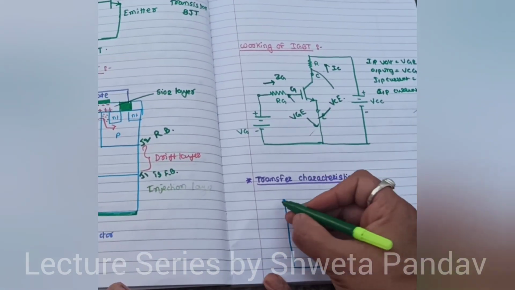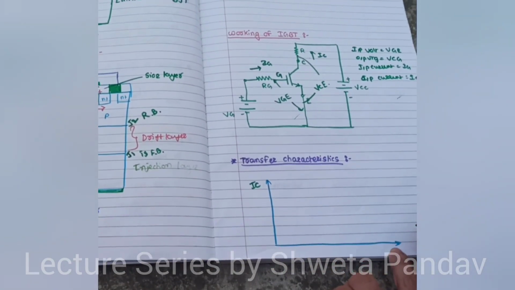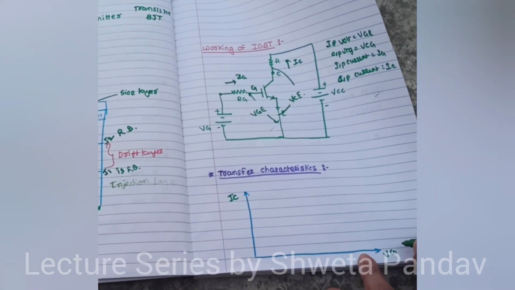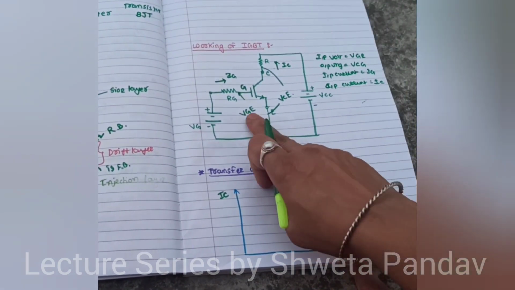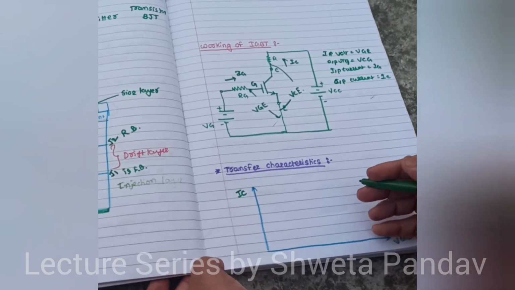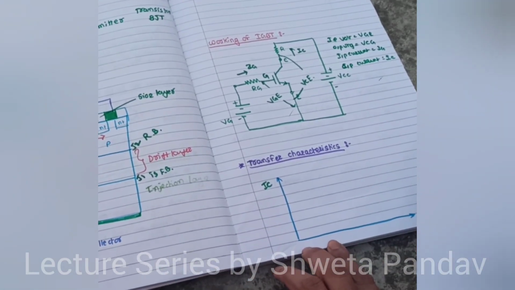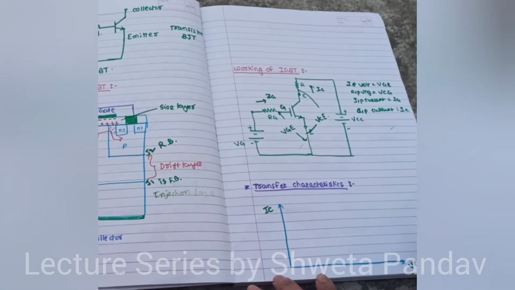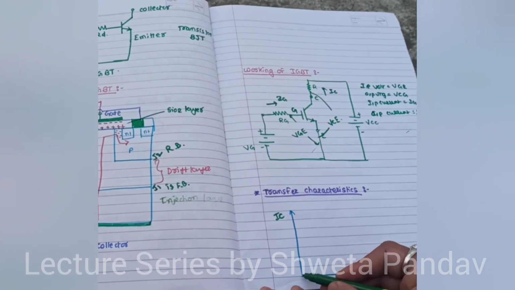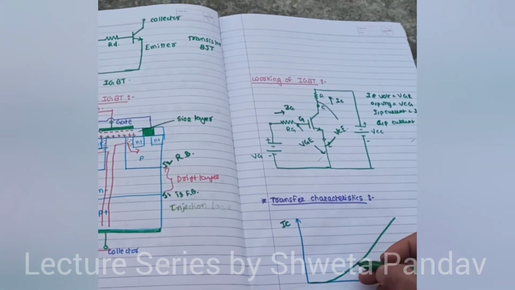Next, we will see the transfer characteristic. The transfer characteristic is the graph of output current versus input voltage, where VGE is the input voltage and IC is the output current. As I go on increasing the voltage between gate and emitter at the input side, initially the current is minimum and after some value it starts increasing.